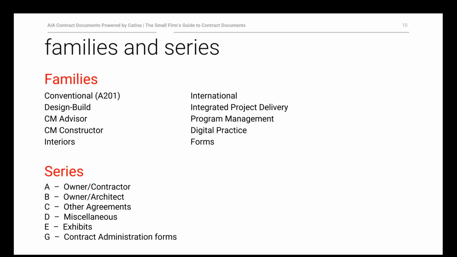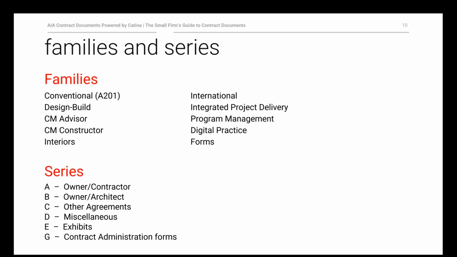But the letters have specific meaning, and as you can see on the screen, documents that start with A, like A101 or A201, those documents generally relate to the owner-contractor relationship. B documents, like the B101 or the B103, those are documents that relate to the owner-architect relationship.